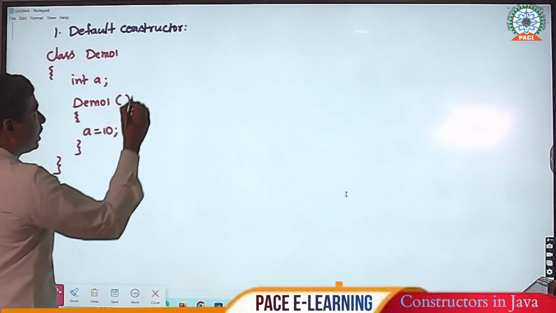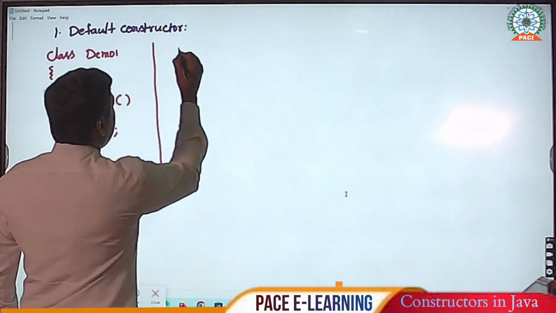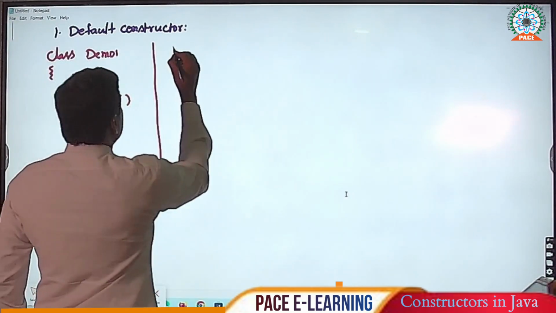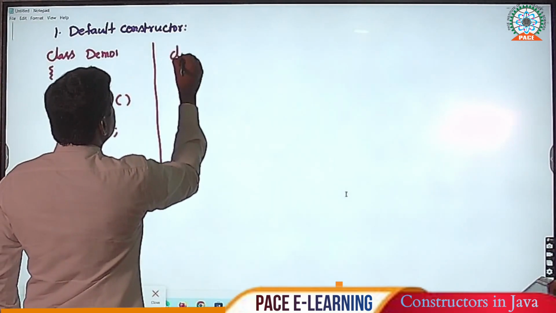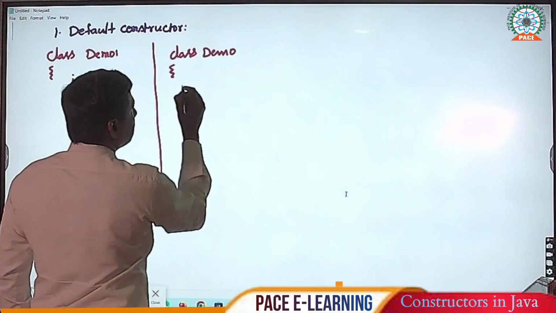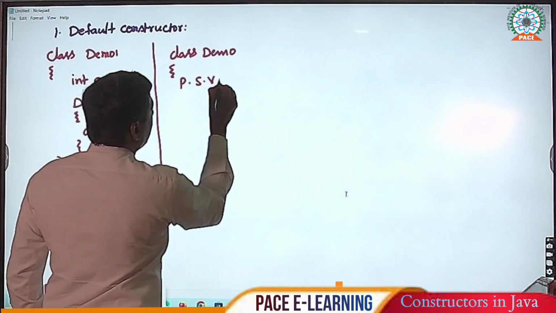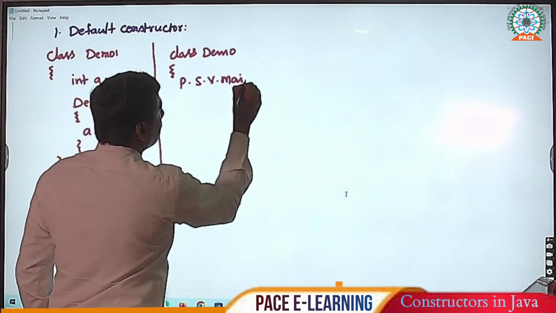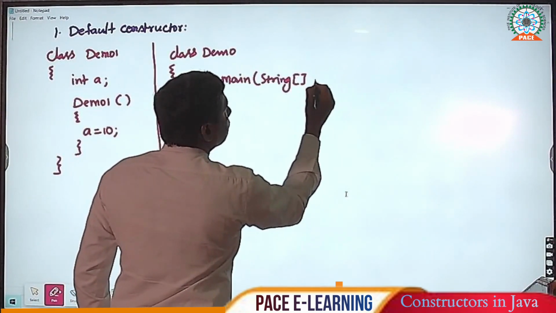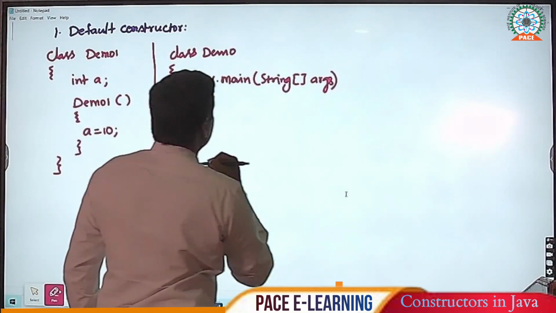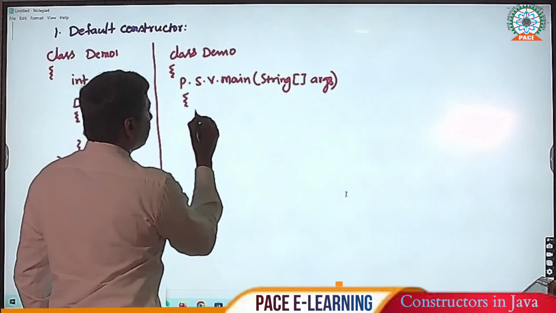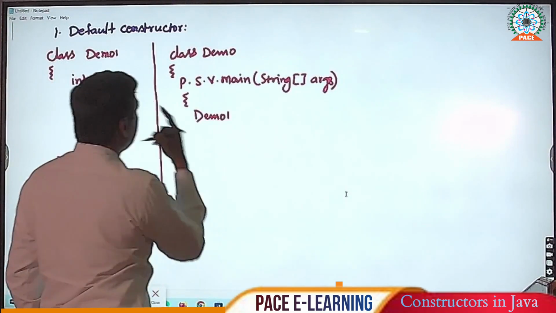Here I am writing one more class to write the main method. Of course, you can write the main method inside this class also, but I am writing it separately for better understanding. It is class Demo. Inside this, public static void main(String args). Okay. Inside this, now I am creating an object for the Demo1 class.